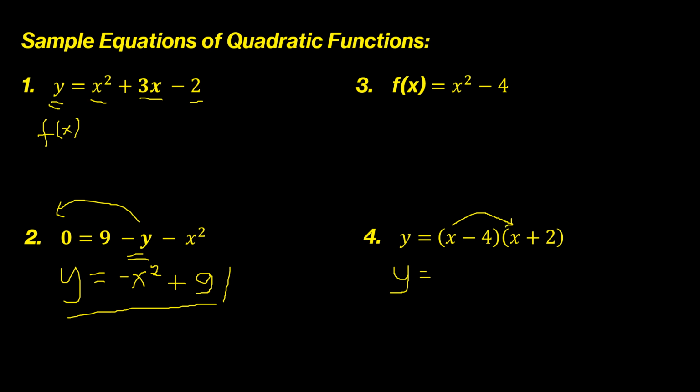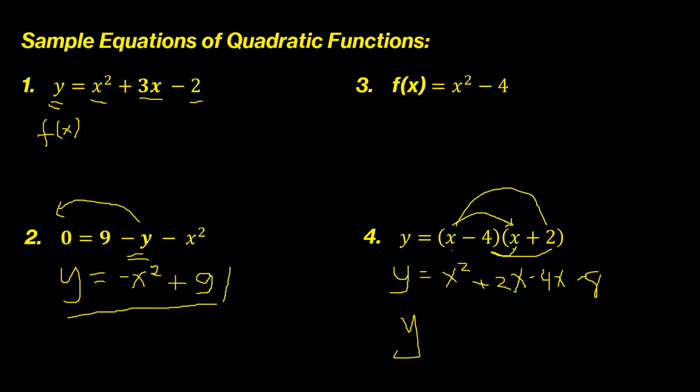we have x times x, which is x squared, and x times 2, so that's positive 2x. Negative 4 times x, that's negative 4x, and negative 4 times 2, that's negative 8.